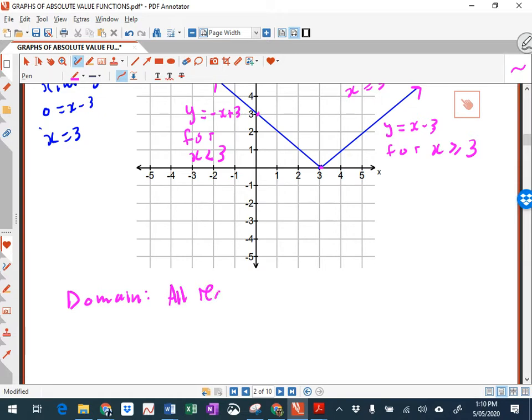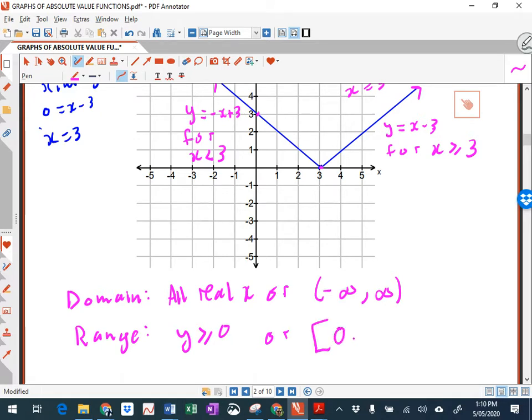All real x, or you could write it as minus infinity to infinity, because all x are possible. The range, well, you can see that the smallest value is 0 for y, so y bigger than or equal to 0, or you could write down 0 with the square brackets and then infinity with the round brackets for the range.